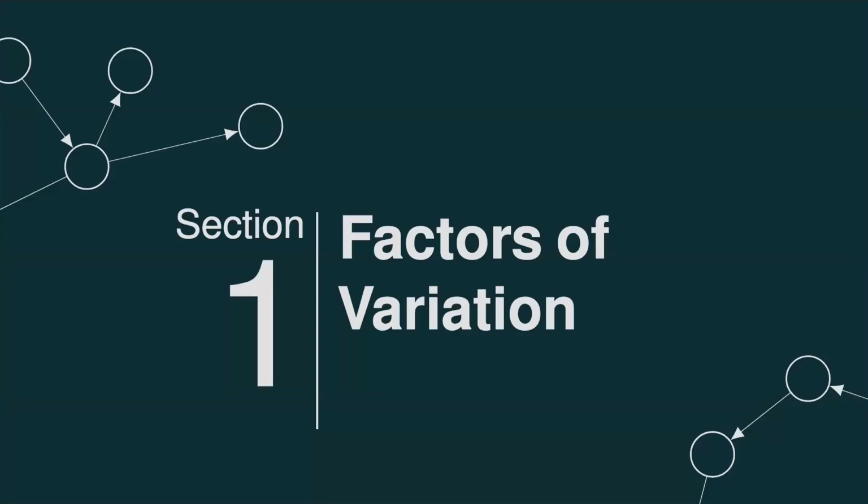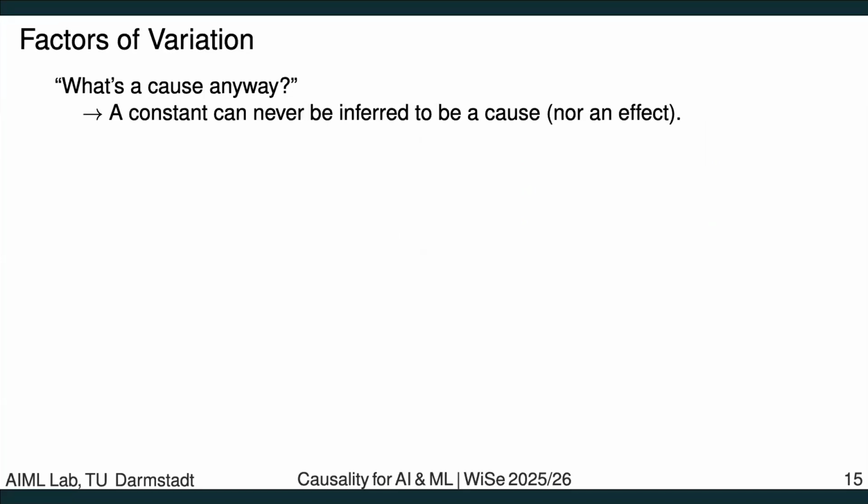So the thing is, again, as we discussed before, what are variables? And here it's what are factors of variation? Because an important insight, if you look at causal inference in general, if you observe a constant, it can never be a cause.